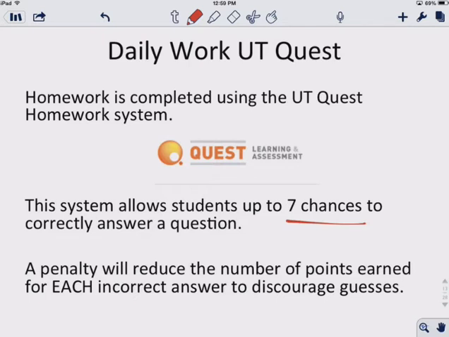Each time you answer the question incorrectly, it reduces the number of points earned for that question. What this does is it discourages guessing. This is to help you stay honest and true to yourself and encourage you to do your best work.